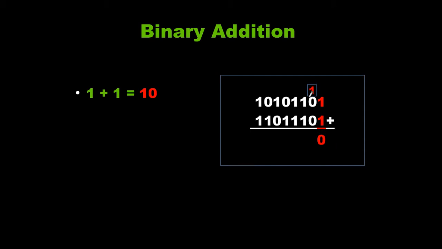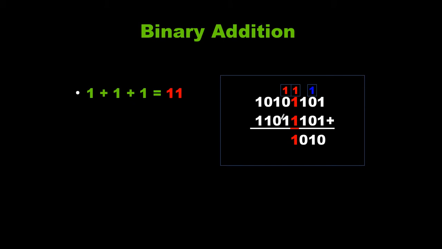Now I'll have the 1, 1, 1 case, where I have 11, so I'll have 1 here and 1 here. Now 1 and 1 is going to be 10 again, with a carry of 1. 1, 1 is going to be 10.